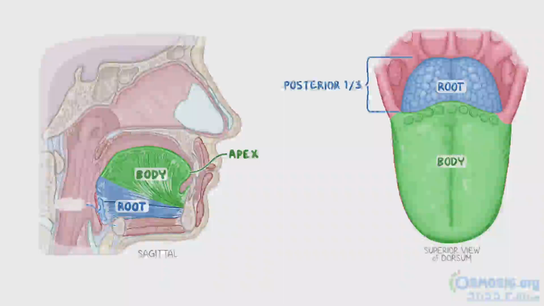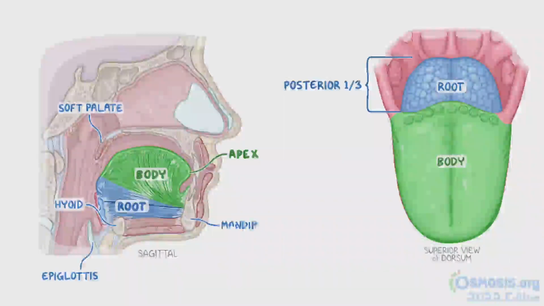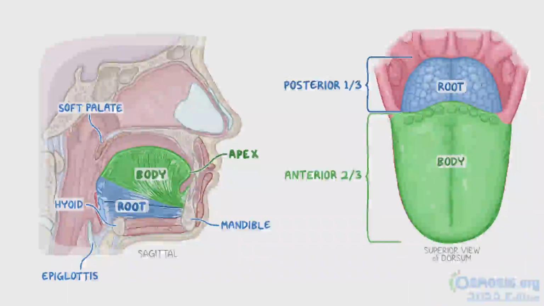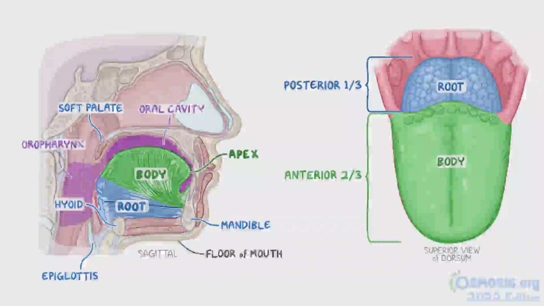It extends from the hyoid, epiglottis, and soft palate to the mandible. The body forms the anterior 2/3 of the tongue, and the apex of the tongue is the most anterior end of the body. The entirety of the tongue rests on the mouth's floor, both in the oral cavity and into the oropharynx, with the apex pressing against the lower incisors.